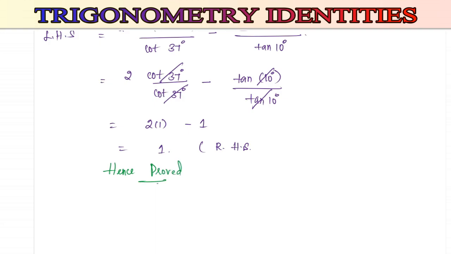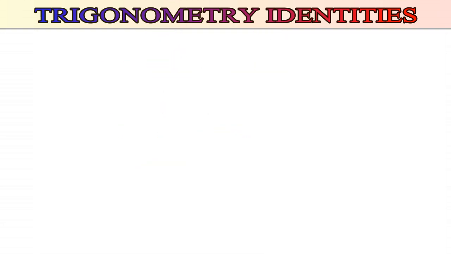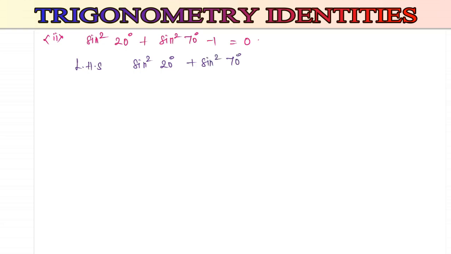Now we'll move to the second sub question. Second one, sin square 20 plus sin square 70 degree minus 1 is equal to 0. LHS: sin square 20 degree plus sin square 70 degree minus 1. Sin square 20 degree, let it be.